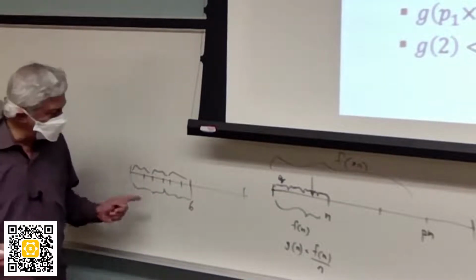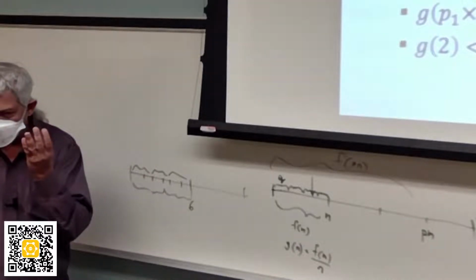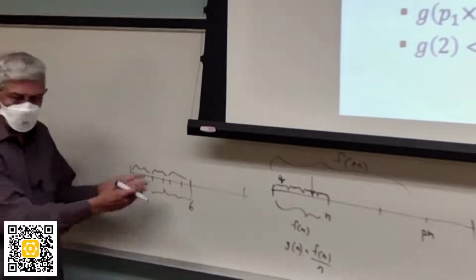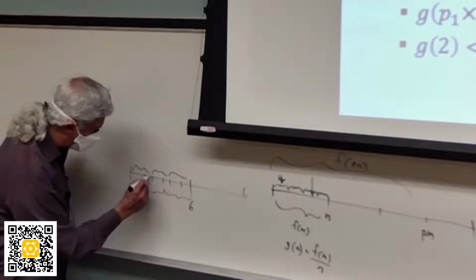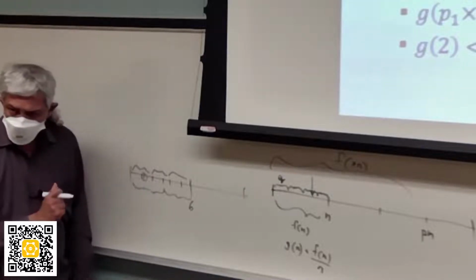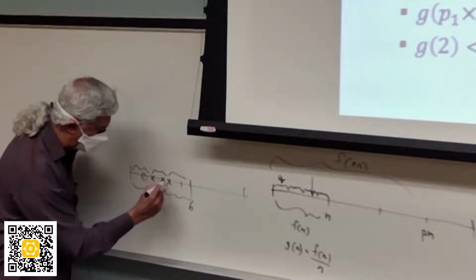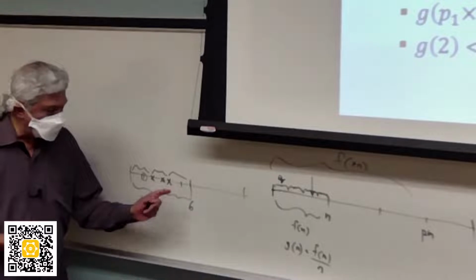So therefore, 2 and 3 have common things with 6, but so does 4. Why? Because 4 has 2 as a factor, and so does 6. So therefore, we ignore 1, nobody cares. We're going to take 2, 3, and 4 as things that have common factors with 6. 5 does not.